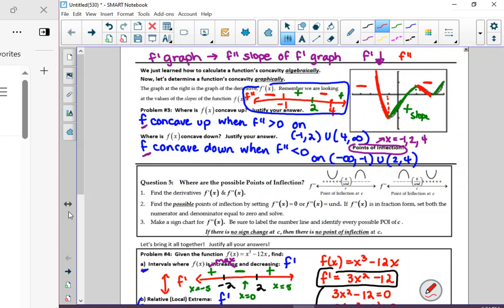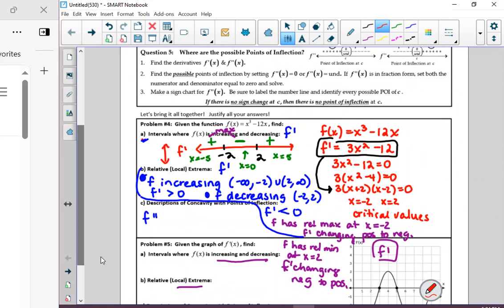Okay. Remember this guy? We had critical values at -2 and 2. My f double prime is 6x. -2 plugged into the second derivative is negative. That's concave down.